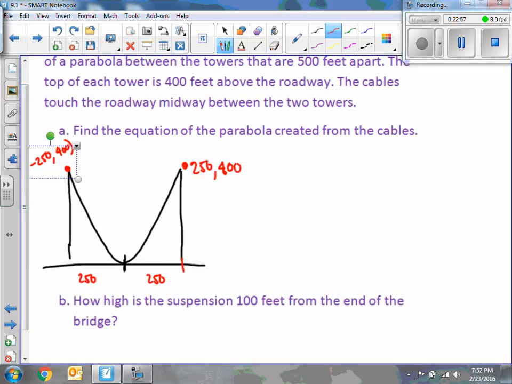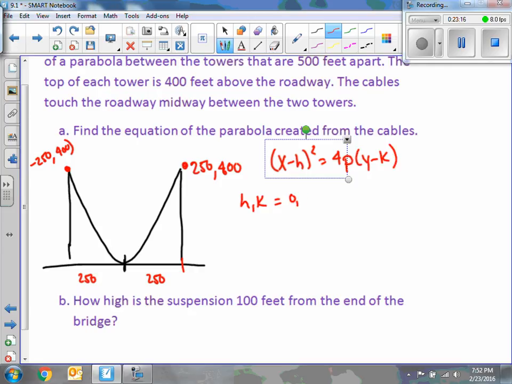Find the equation of the parabola centered from the cables. Well, it is a vertical, so it's going to be x minus h quantity squared equals 4p times y minus k. h, k is actually going to be 0, 0 here.